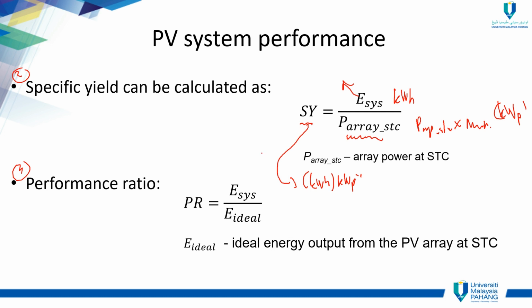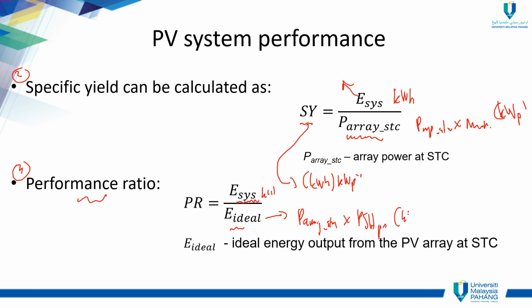Okay, and the next one is the performance ratio. So performance ratio is the E system, still the same, in kilowatt hour, over the E ideal. So E ideal is the ideal energy output from the PV array at STC. The E ideal is equal to the P array STC multiplied with PSHPA.